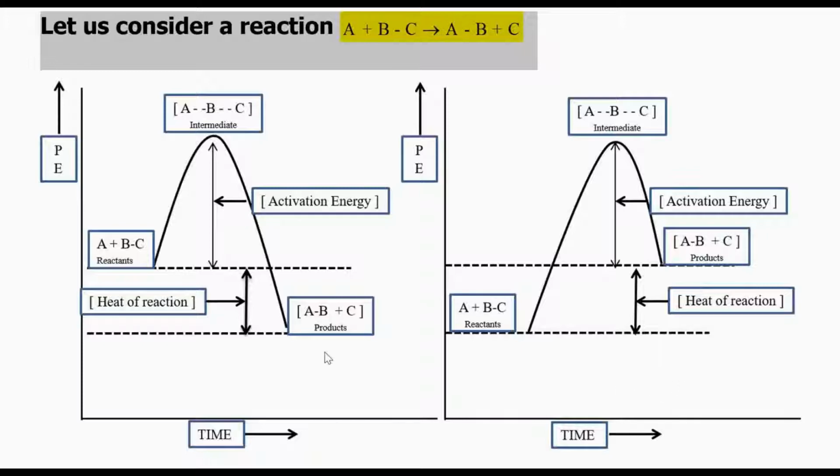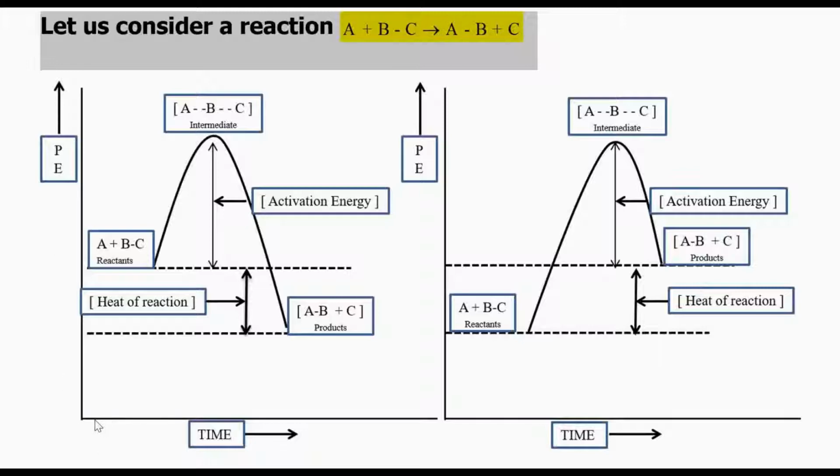Now I will explain the elements in the potential energy curves. You can see that on the y-axis I am showing potential energy, that is the energy because of position. For the sake of simplicity, you can simply call it energy. So in the upward direction, the energy increases.